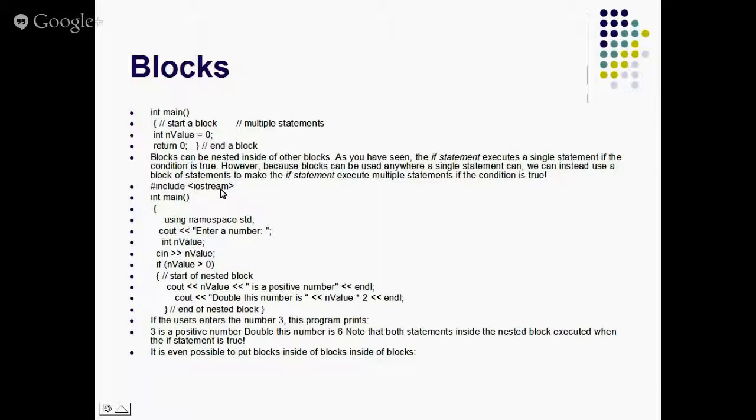So this is a library file. This file is provided to us by the C++ language. Basically, the creators of the language have put in all the functionality related to cout and cin. So cout is basically for output, and cin is for input. Anything relating to input and output, the functionality is given in this IOStream file.